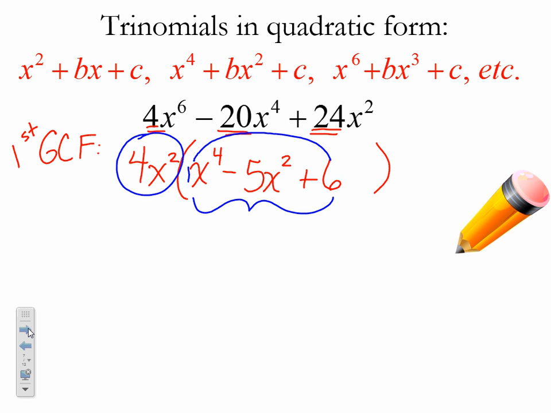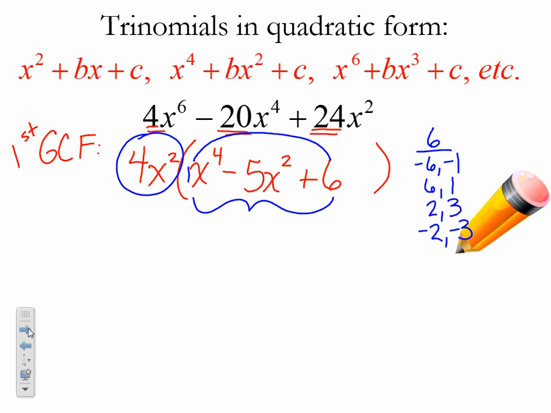So what multiplies to make 6, if I multiply 1 times 6, and adds to make negative 5? Remember, it could be negative 6, negative 1, or positive 6, positive 1, or 2, 3, or negative 2 and negative 3, since 2 negatives multiply to make a positive.